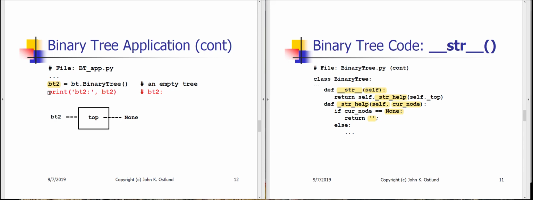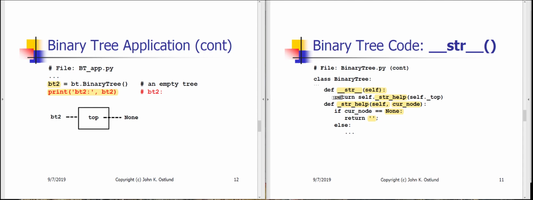Now, in this print function call here, print is going to display two things. First of all, it's just going to display this string, bt2:, followed by a space. In order to print the bt2 object, print will automatically invoke the str function on bt2.